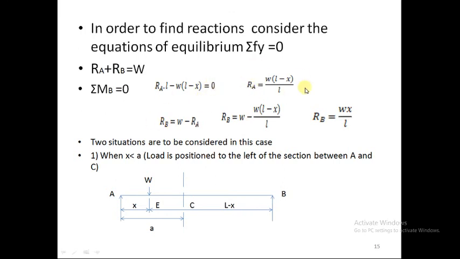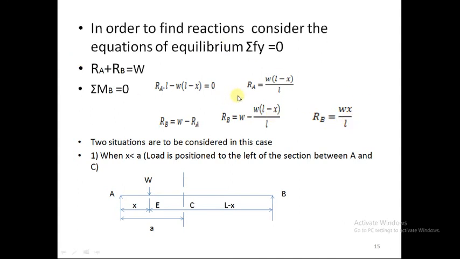From this we get RA equal to W into (L minus X) by L, since L goes in the denominator. Next we have to calculate RB. Substituting the value of RA, we get RB equal to Wx by L.